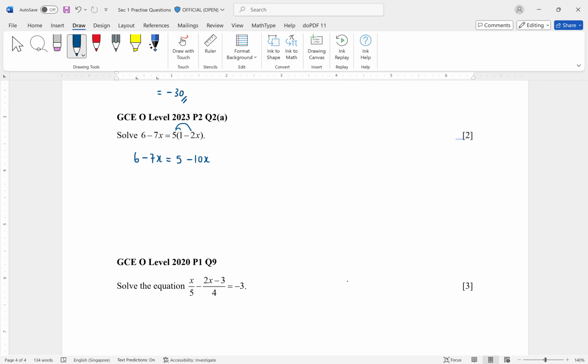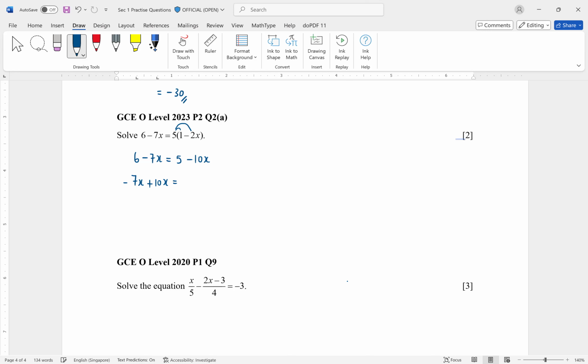Similar to what I mentioned in the previous question, we want to bring all the terms with x to the left side, all the number terms to the right side. Negative 7x will stay here, so the sign doesn't change. Negative 10x on the right side goes to the left side, becomes plus 10x.